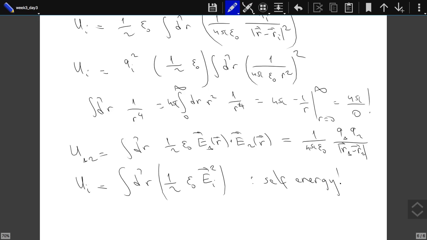This is a constant that does not change. So you can just throw them away. Or in your definition of the potential energy, you can just assume that you define it with minus these terms. Any questions?